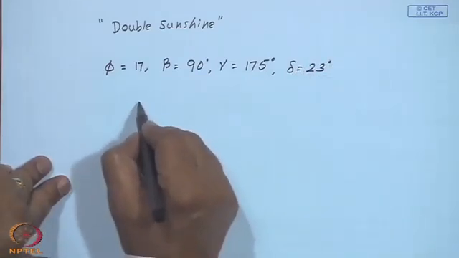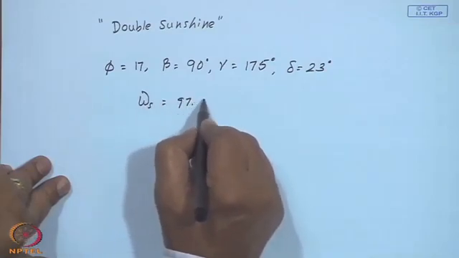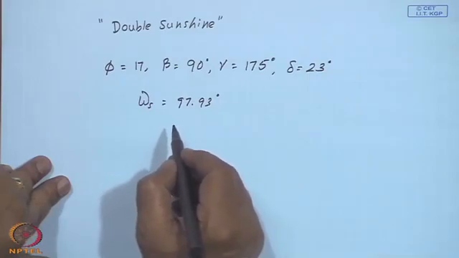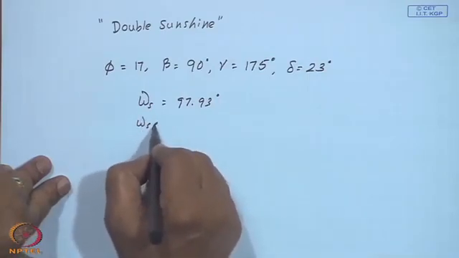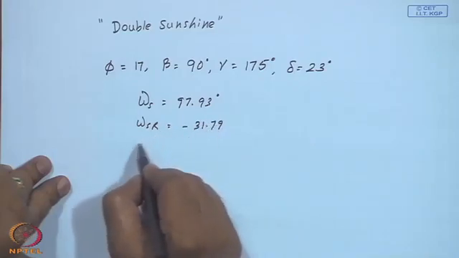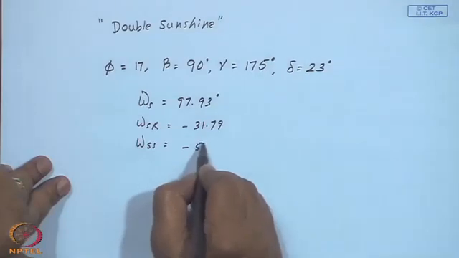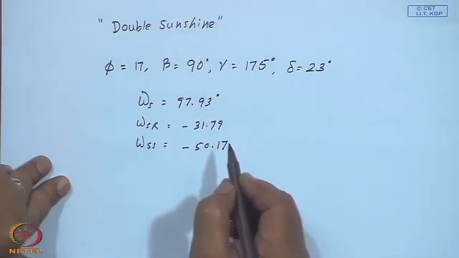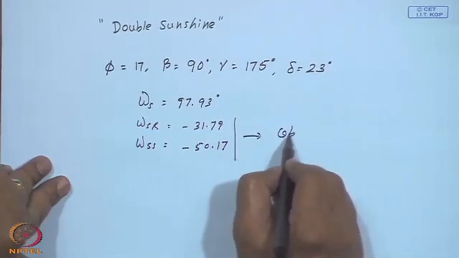So, you have a sunset hour angle of 97.93 degrees, and again omega SR is minus 31.79 and omega SS is minus 50.17.